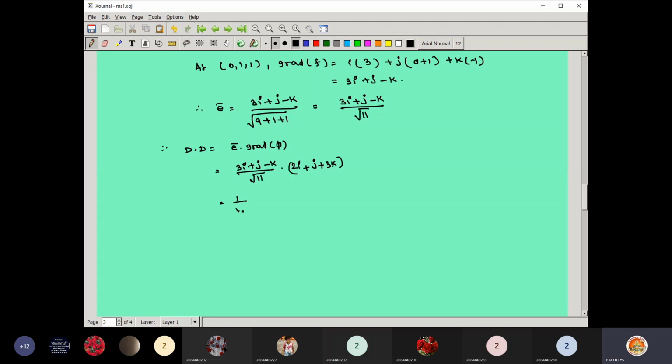So 1 divided by root 11 you keep as it is, and multiplication 6 + 1 − 3. So you are getting 7 − 3 is nothing but 4. 4 divided by root 11, that is the final answer.